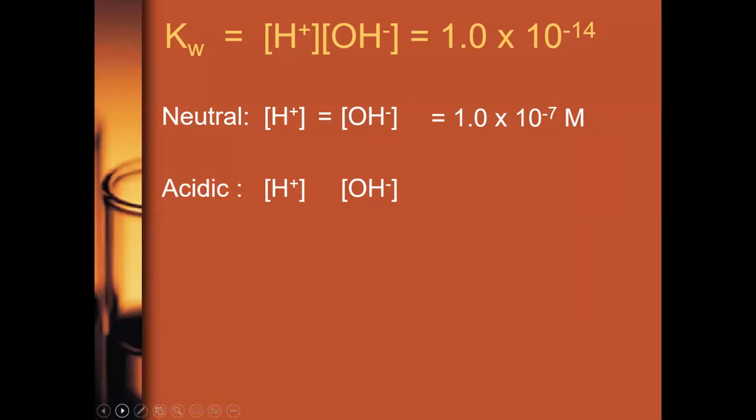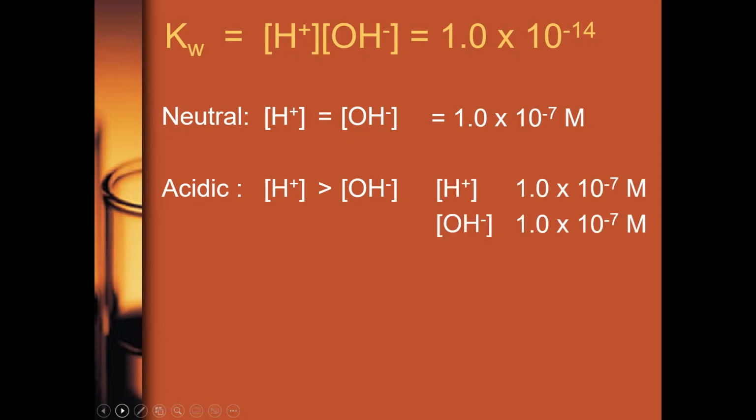So in an acidic solution, the hydrogen ion concentration is greater than the hydroxide ion concentration. So hydrogen tends to be greater than 1.0 times 10 to the negative 7th, so with a smaller exponent, whereas the hydroxide ion concentration tends to be less than 1.0 times 10 to the negative 7th, so with a higher exponent.